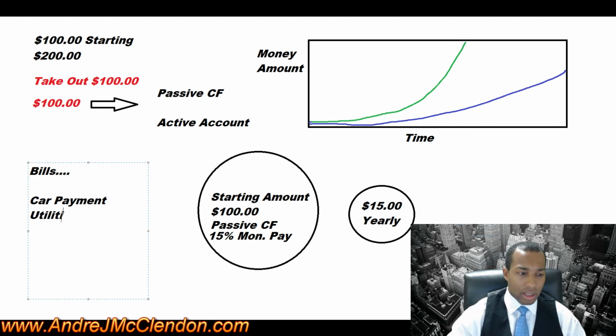Utilities. You got utilities, and you got credit card payment. Cell phone, and etc., etc., etc. Right. So just imagine all this costed, I don't know, let's say $1,000. Just say these four items just costed $1,000.